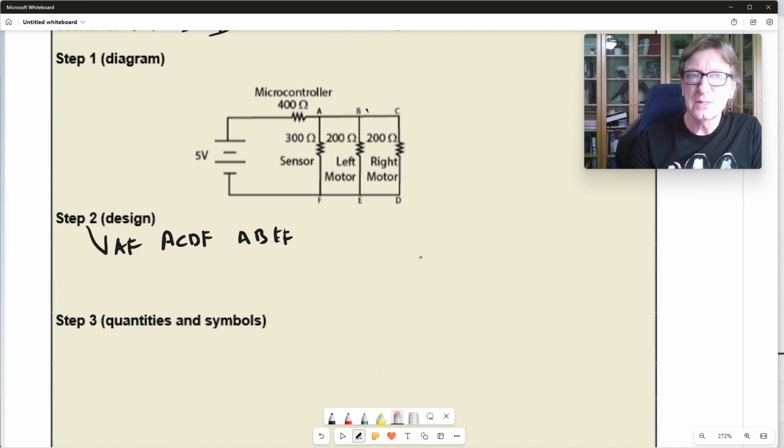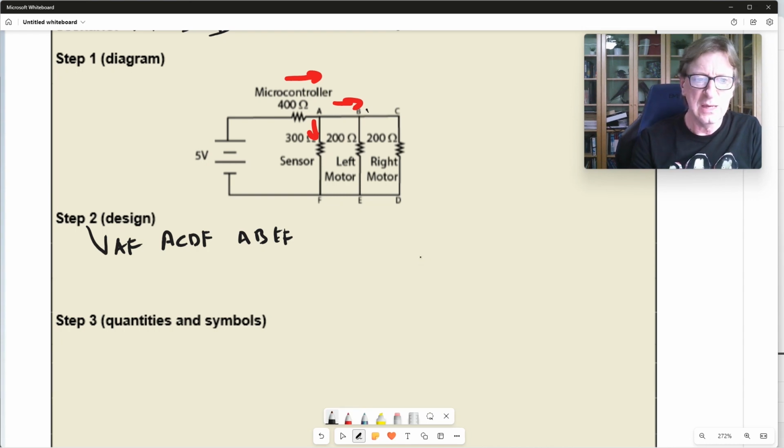So most of the time, you're going to want to use the junction rule at least once. And we could use it at any junction we want, but let's use the junction A. So coming in here and coming out this way. We know that the current coming into A must equal the current coming out of A, and so from AB and then to AF.